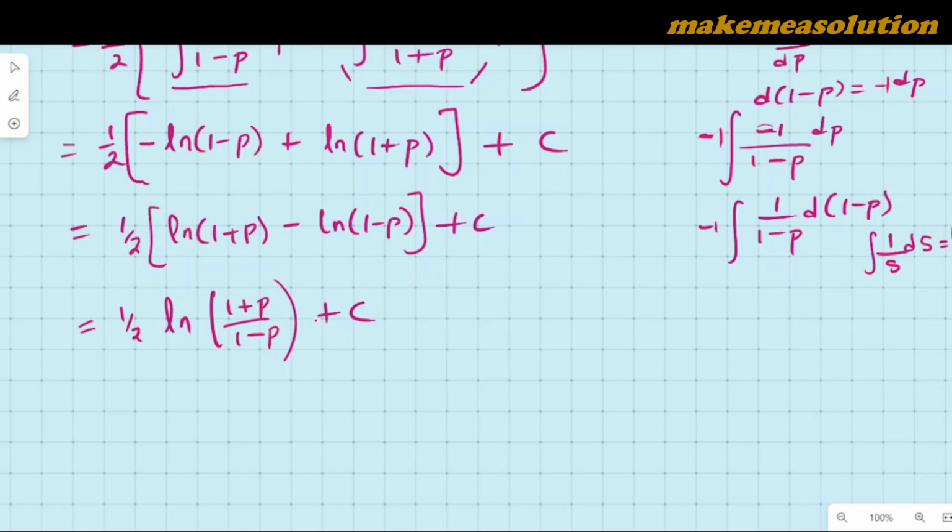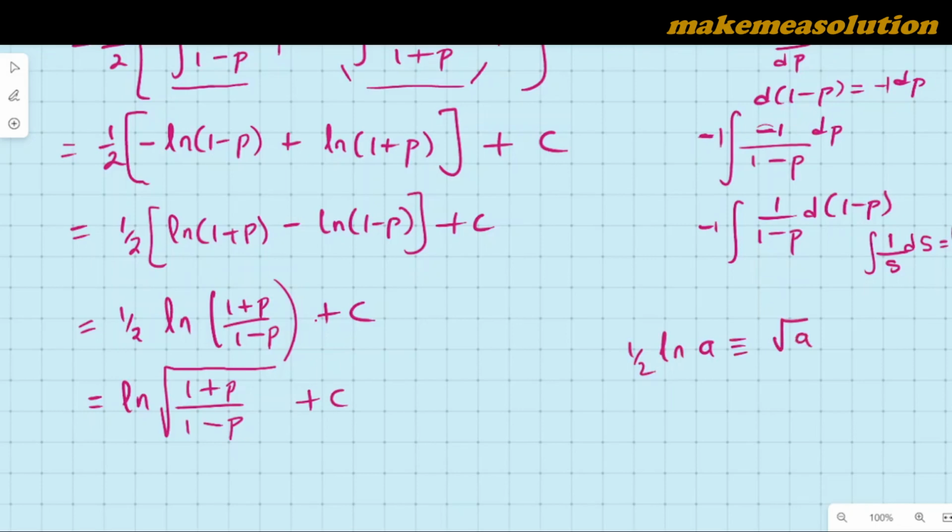Now this becomes ln square root of (1 plus p) over (1 minus p) plus c. Of course, you know that half ln a is equivalent to ln of the square root of a. So that was the principle I used in coming to this particular direction over here.